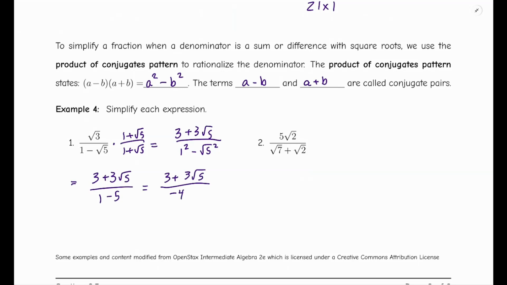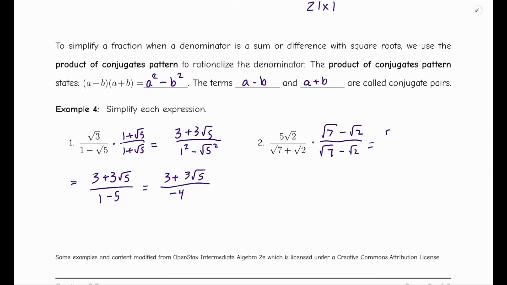Number 2, 5 square root of 2 over square root of 7 plus square root of 2. So again, I have a sum of square roots, so I'm going to multiply by the conjugate pair, which is square root of 7 minus square root of 2 on the top and bottom.